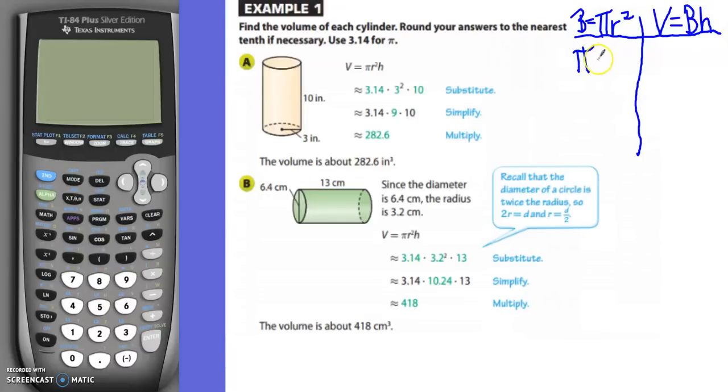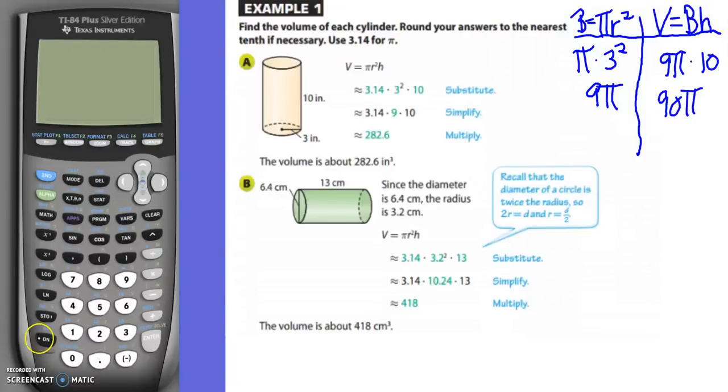The radius squared is 3 squared. 3 squared is 9, so we're going to do 9 pi times the height of the cylinder, which is 10. 9 times 10 is 90, so we have 90 pi.